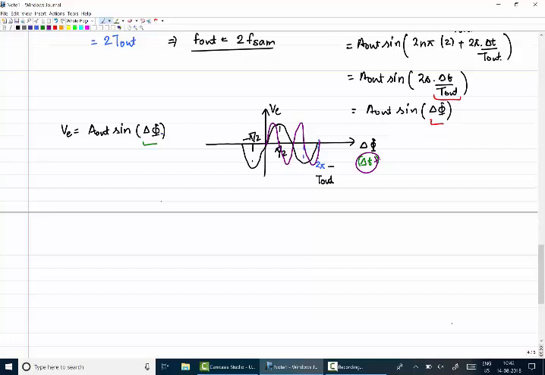We can consider two cases: F out 1 is equal to N1 times F ref, and F out 2 is equal to N2 times F ref. If N2 is greater than N1, then it implies that the gain of the PD in the case of N2 is going to be higher with respect to N1.